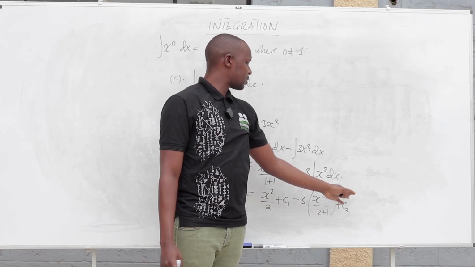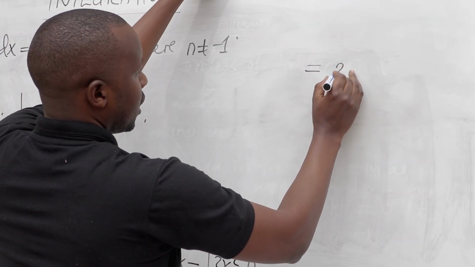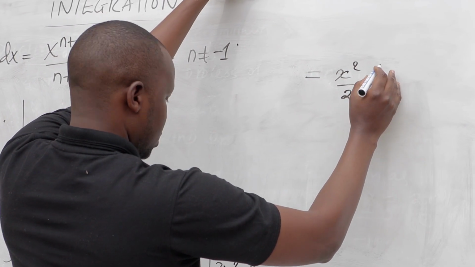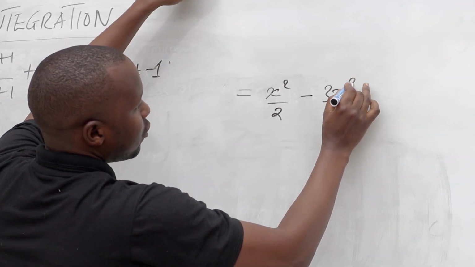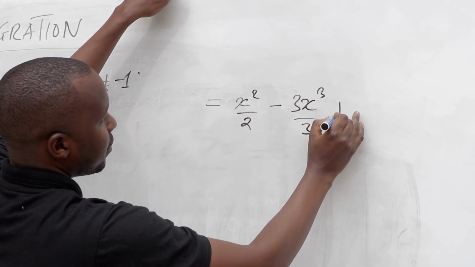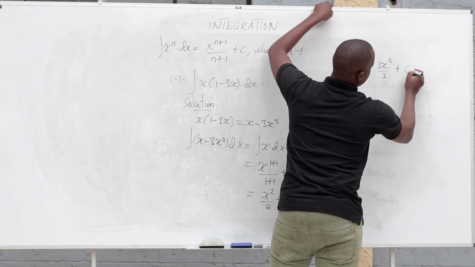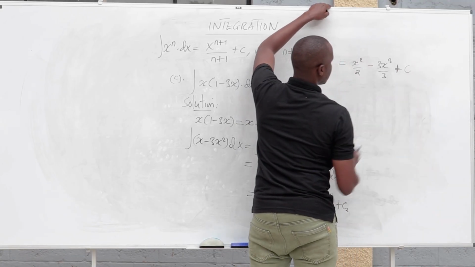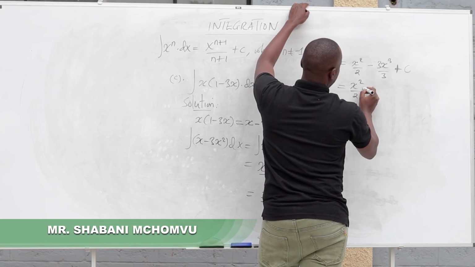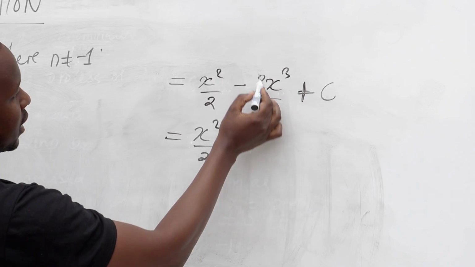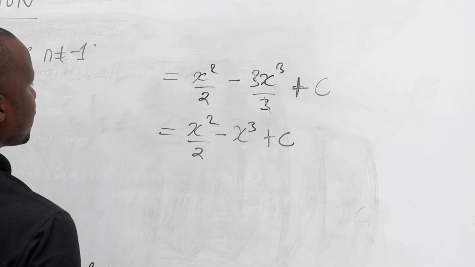So we can say C1 plus C2 is the same as C. So this now becomes x squared over 2, minus 3x cubed over 3, plus C1 plus C2, which is just a constant, so we express it as a constant. So here we'll have x squared over 2, minus, we can simplify here, the 3s cancel out, so we remain with x cubed. Now we add c, the constant c.